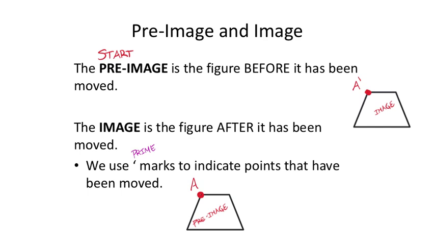Okay, but again, even if I didn't label this one as pre-image and this one as image, I would know that this one has to be the image because the image is showing letters with the prime mark right there. And if it doesn't have a prime mark like this one, then I can know that that is a pre-image. Now, if by chance you take an image and then you do something else to that one, you can have like a double prime mark to that as well.